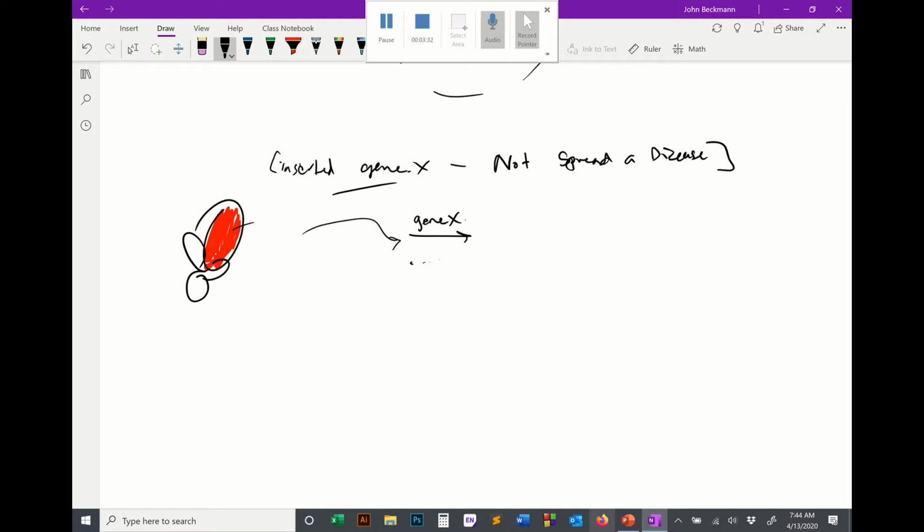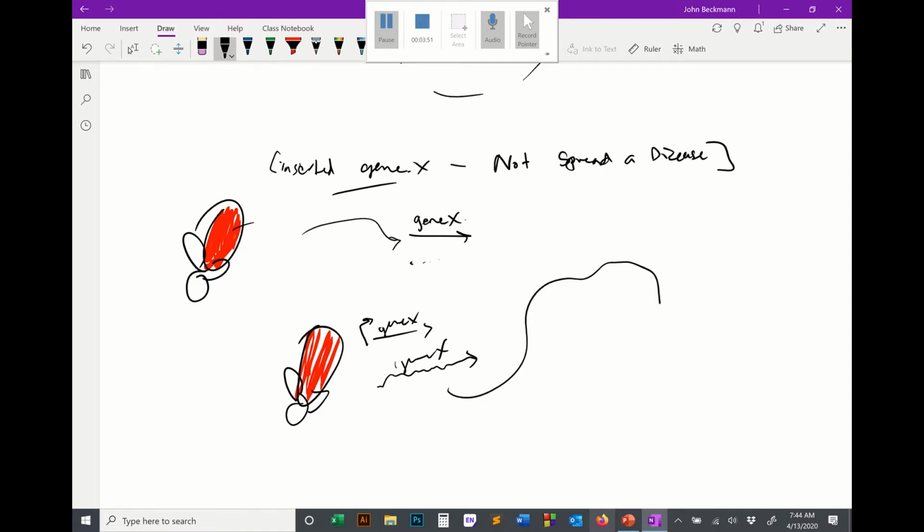Now, there's an evolutionary cost to that insertion, okay? That transgenic organism has to spend energy. That gene X had some promoter. It's got to spend energy to transcribe gene X and translate gene X into protein X, which does some function.